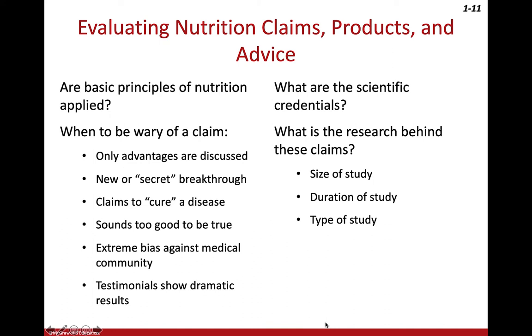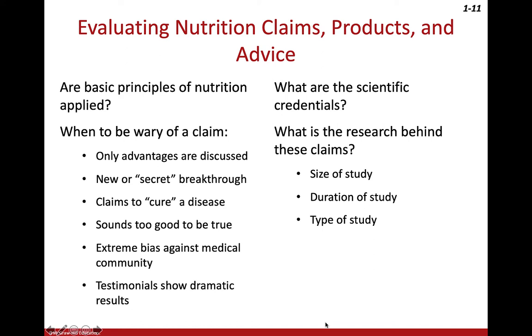Probably one of the best is sounds too good to be true. Many of them have great bias against the medical community, and this is something that we're starting to see more of. A perfect example of this is anything having to do with the anti-vaccine movement. Also, some individuals or anecdotal data that are testimonials that show dramatic results.